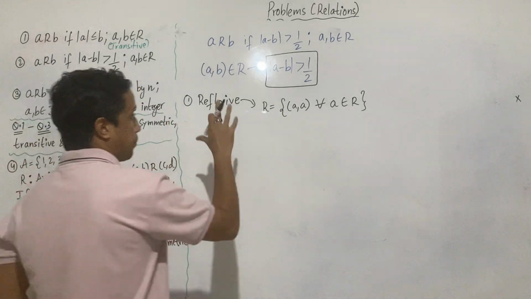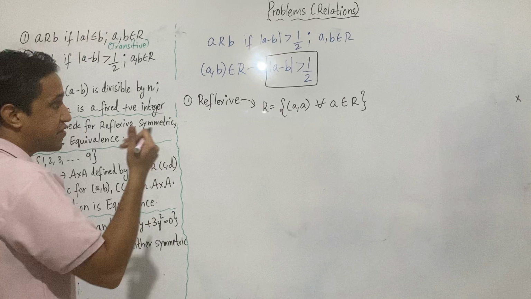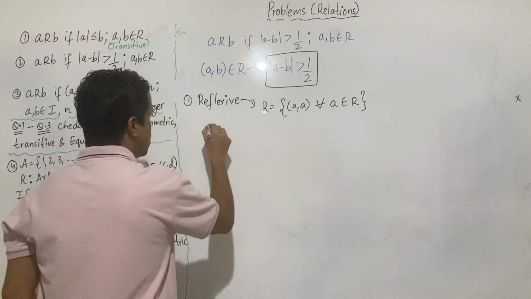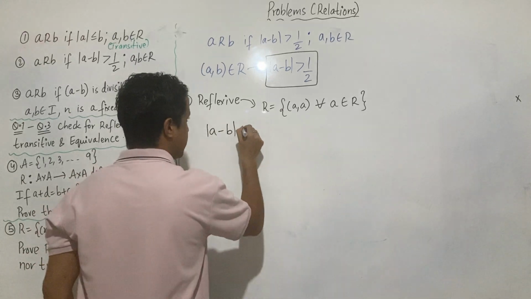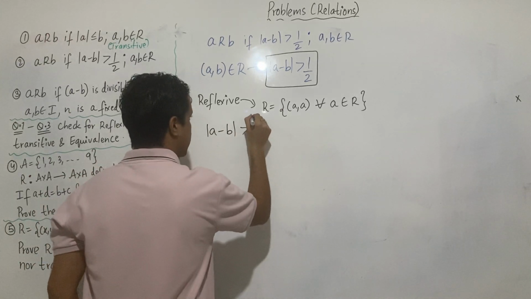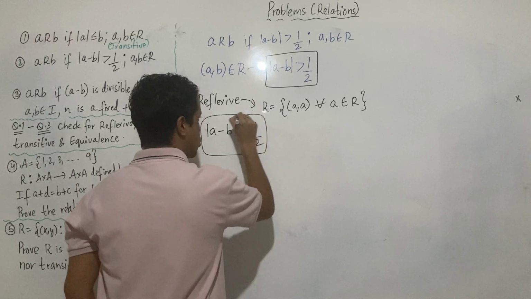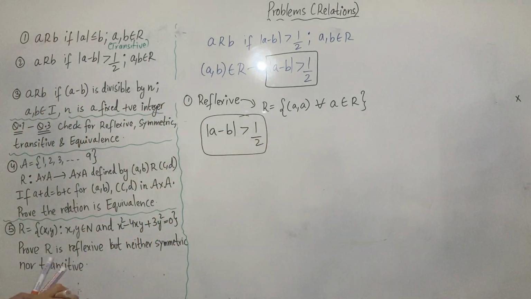So if I apply that definition here, let's see what would happen. Here I'm given mod of A minus B must be greater than 1 by 2.